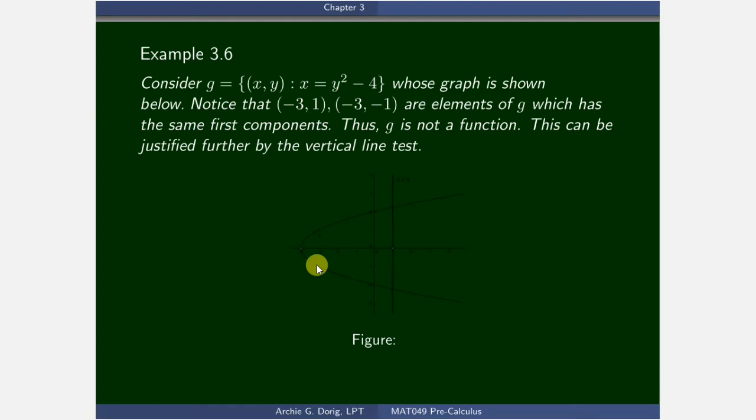So we can say that the relation G is not a function. This can be justified further by the vertical line test: if the graph intersects the vertical line more than once, then it is not a function.